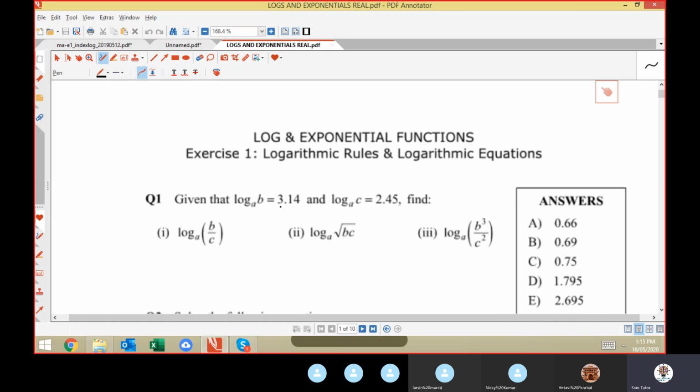It says log B is 3.14, log C is 2.45. Find log B on C. So try that. Should sound familiar by now.